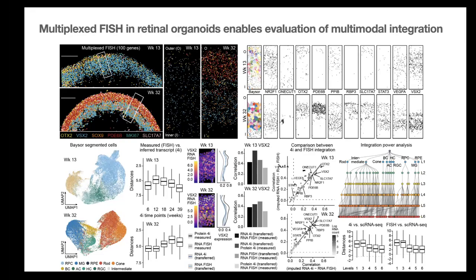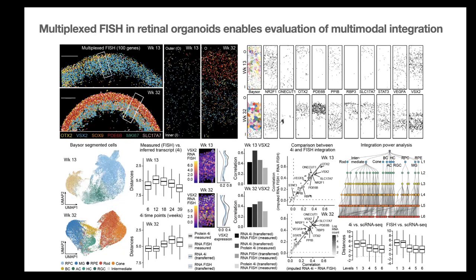The next step is that you can show that the 4i and the FISH integrate as well with the actual single-cell RNA-seq data by doing nuclear matching in these windows. You find the best 2 matching windows, and say, I have a nucleus from 4i here, in the upper region, so good partners would be nuclei in the upper region of the FISH data.